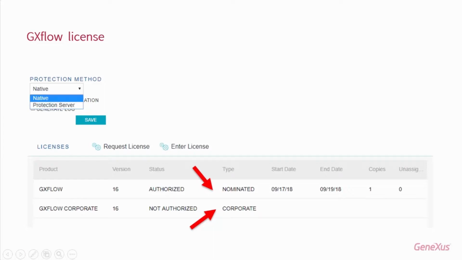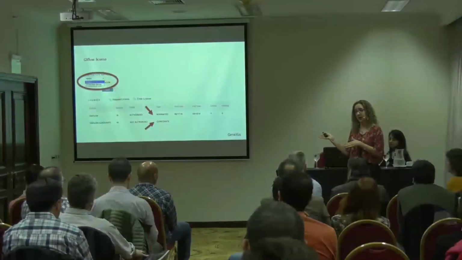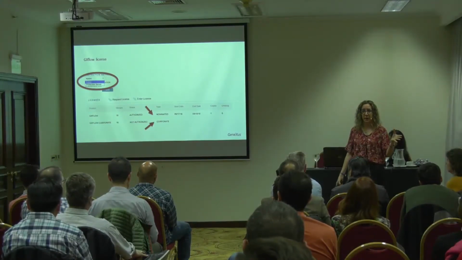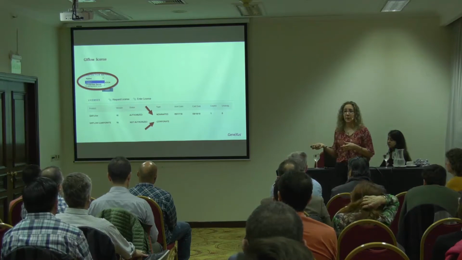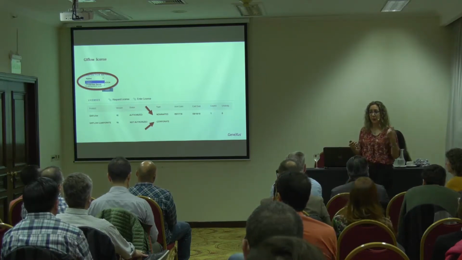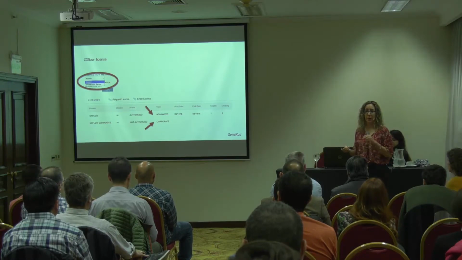The other thing we've changed is that Protection's got two protections, native and Protection Server. Protection Server uses the same licenses that you can manage them from this license manager or from the previous one. The native one makes you change, instead of saving it in the way we used to, we are saving it in the workflow database.